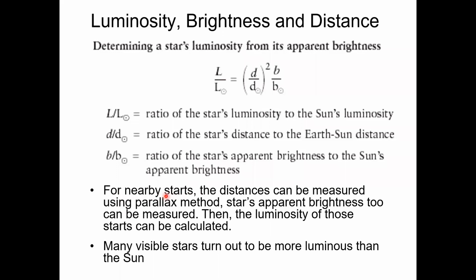So for nearby stars, the distances can be measured using the parallax method. If you try to measure the distance to a very faraway star, the parallax angle will be very small. When you measure very small quantities, your measurement error will be significant.